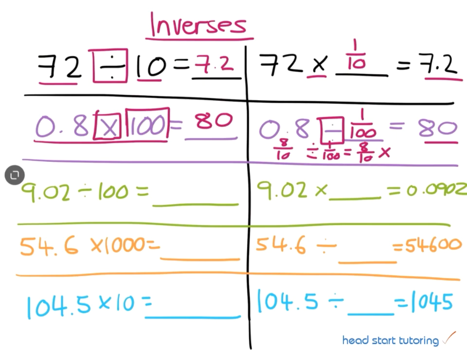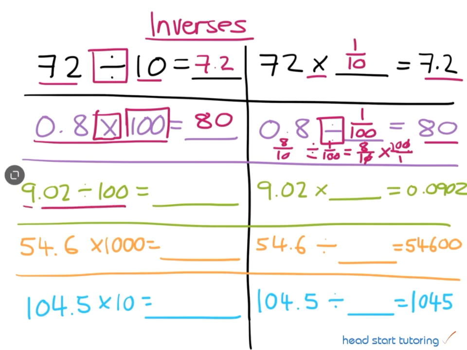Okay, we change our division into a multiplication, and in order to do that we have to flip the second fraction. So our 1 over 100 becomes 100 over 1, and then we can cross cancel and we end up with 80 over 1, or just 80.